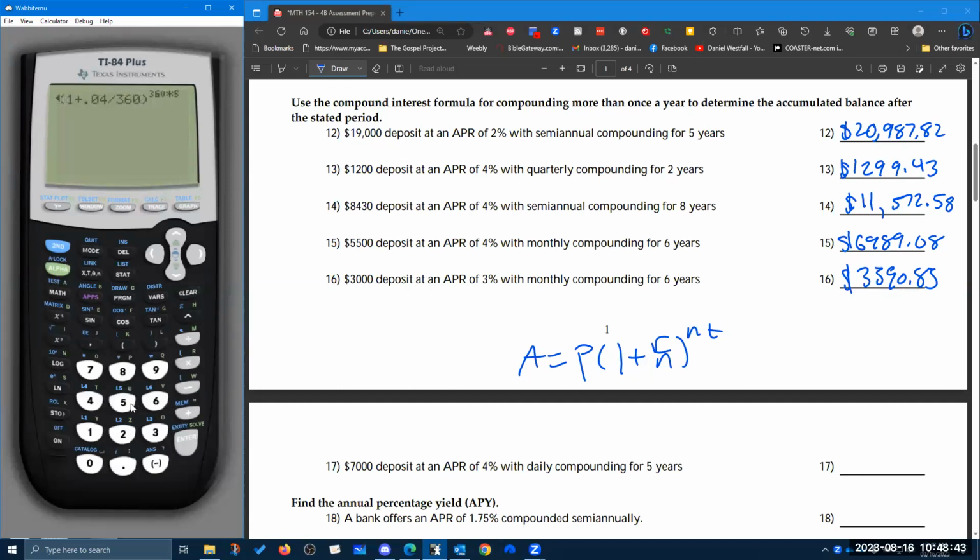Bankers use 12 30-day months and say that there's 360 days in the year, even though we know that there's 365 or maybe more with leap year. But the book is going to tell us to use the banker's rule in this situation and use 360 when we compound daily.